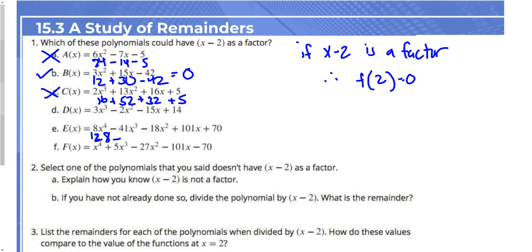Minus 41 times 8, which is 328, minus 18 times 4 is 72, plus 202, plus 70. I feel like I'm going to need a calculator for that one.